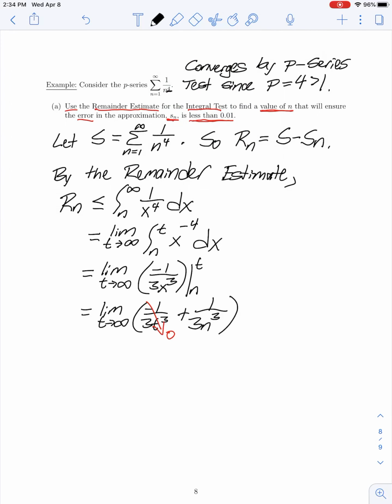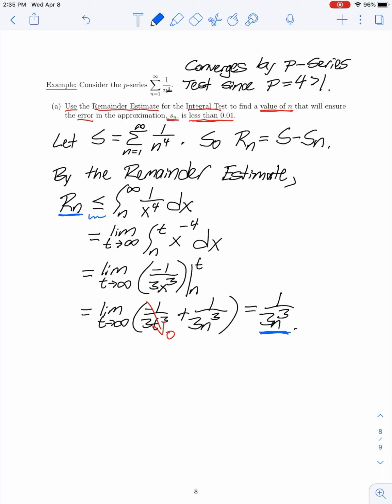So we're left with just 1 over 3n cubed. So what we found so far is an expression for the maximum value of our error. The error in our approximation using the nth partial sum is less than or equal to, so it is at most this value, 1 over 3n cubed.